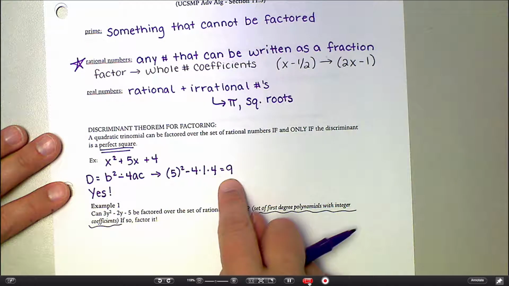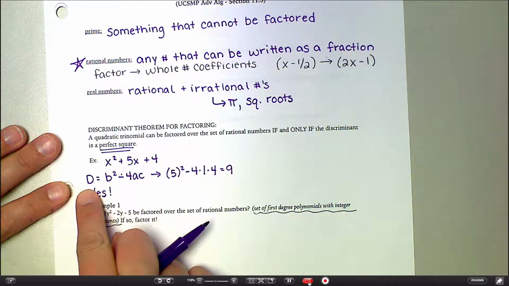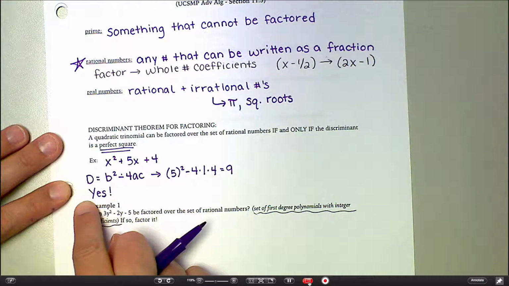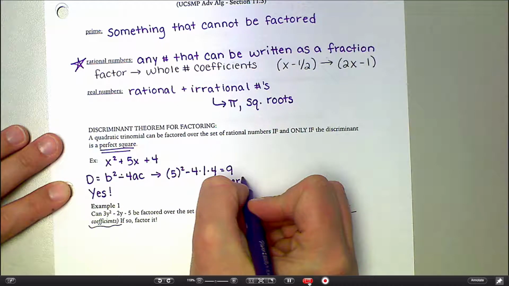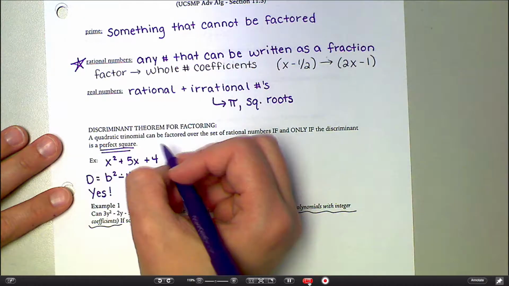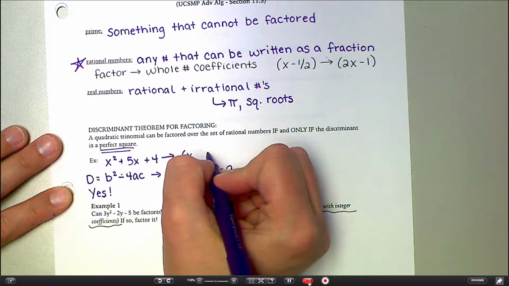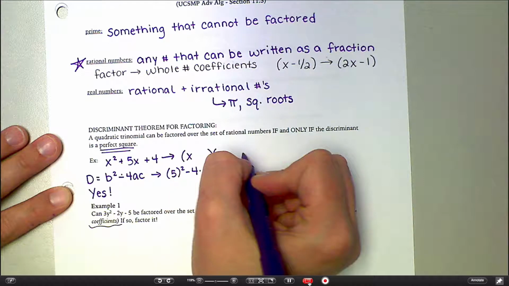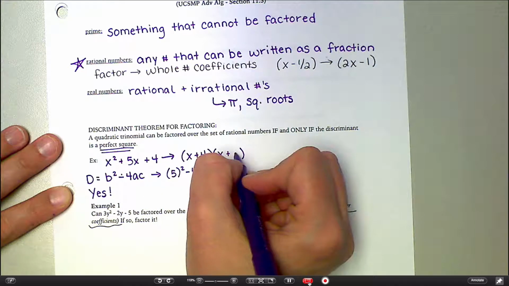Now, that 9 doesn't actually help me with the factoring, but it does confirm for me that I am able to factor this. And again, the reason for that is that this is a perfect square. Okay? And so we could then say, okay, I'm going to try a little harder, and I'm going to think about what multiplies to 4 and adds to 5, and then I'm going to have this epiphany, and I'm going to realize it's x plus 4 and x plus 1.